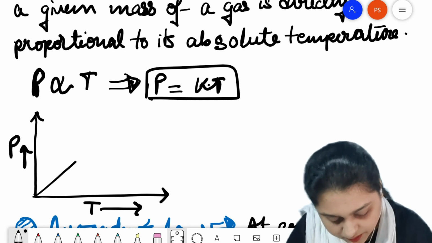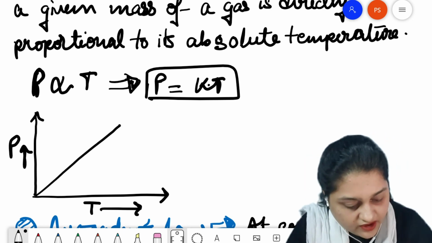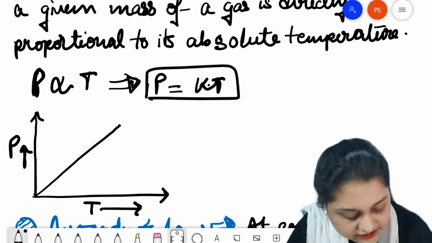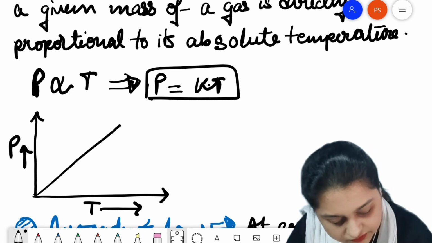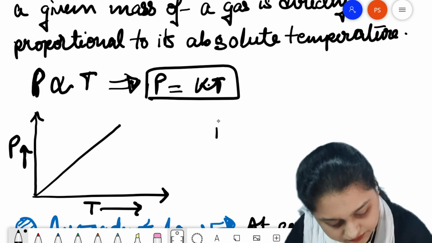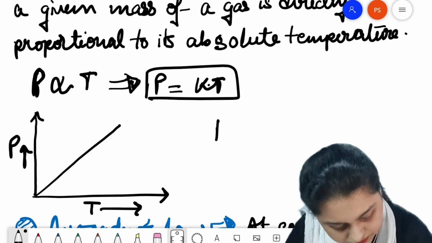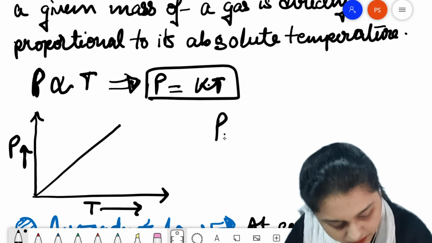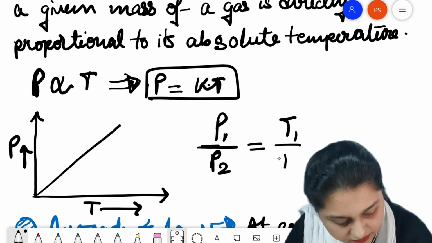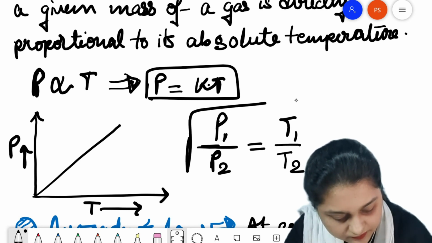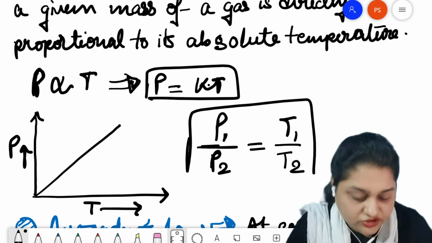So the plot will look like this, and this can also be written as P1 by P2 equals T1 by T2. This is Gay-Lussac's law.